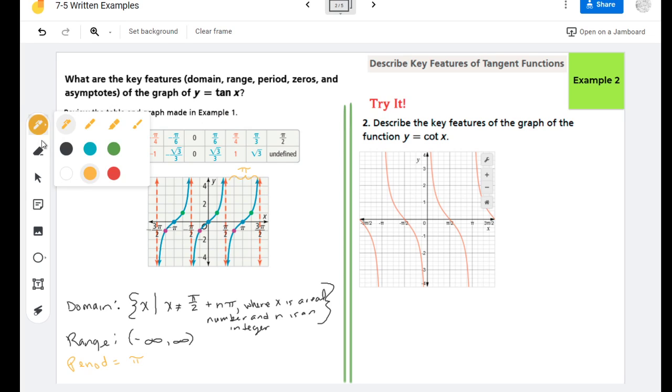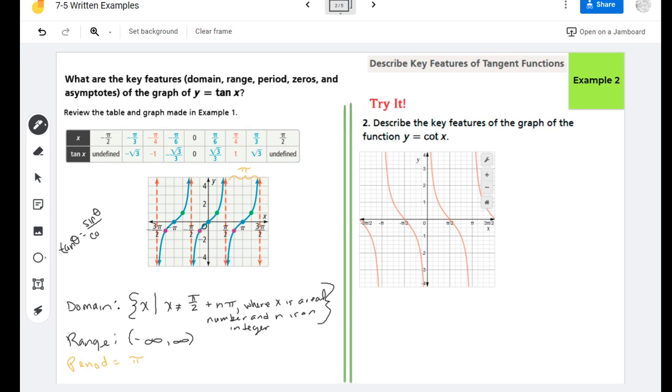Now think about the equation to get a tangent. The tangent of an angle is equal to the sine divided by the cosine. I mentioned this in our last video, but I'm going to re-mention it here. Anytime the sine equals 0, you're going to get a 0 on the graph.